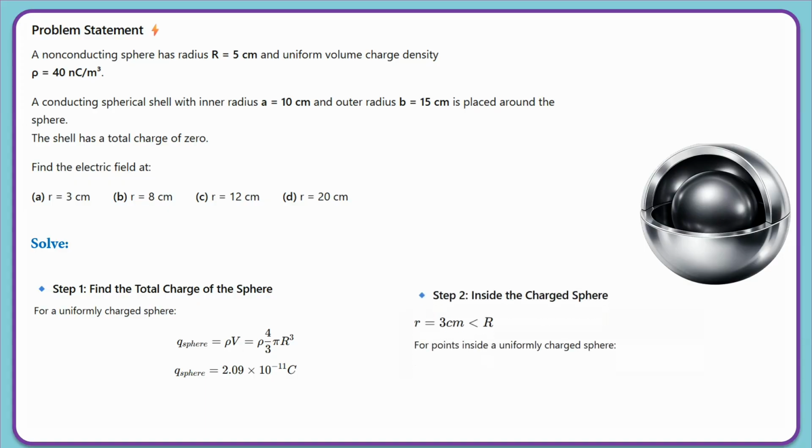Now let's solve each part step by step. Part A, R equals 3 centimeters. This point is inside the charged sphere because R is smaller than the sphere's radius. For points inside a uniformly charged sphere, the electric field increases linearly with distance from the center. Using the formula, we get E equals 45.1 newtons per coulomb.